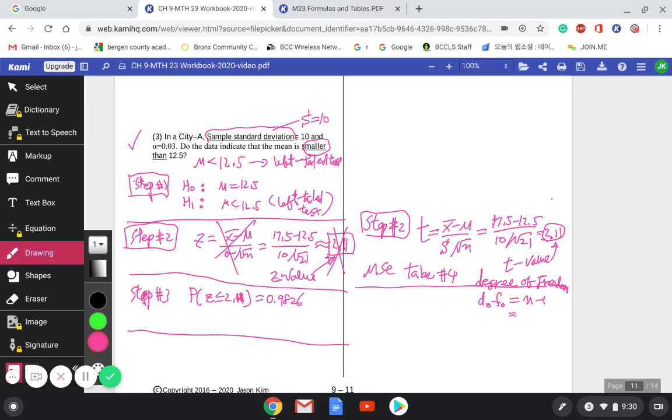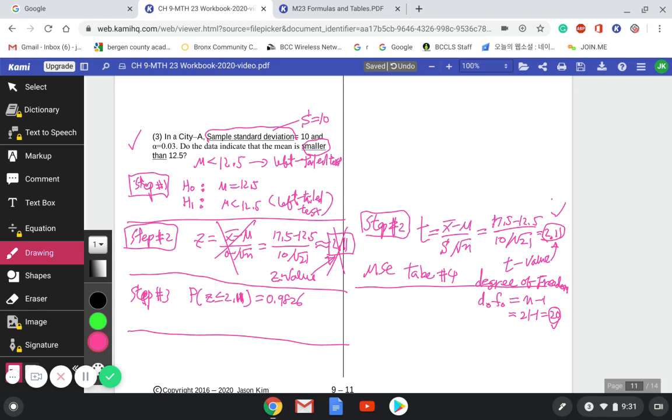Since n is 21, 21 minus 1 is 20. So you need 2.11, and you need degree of freedom.